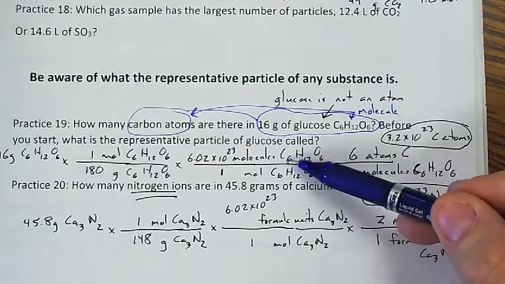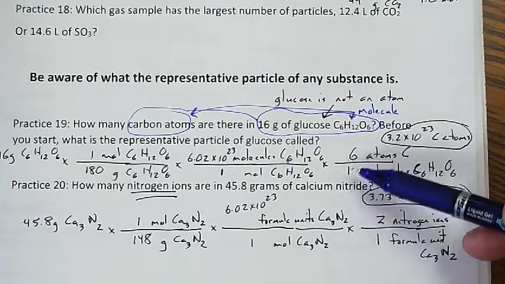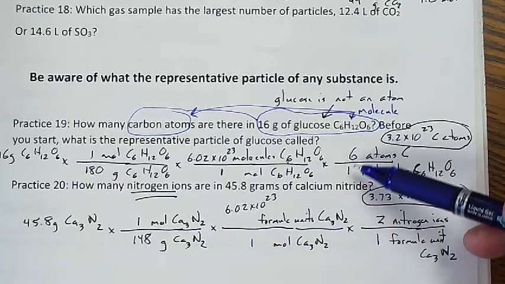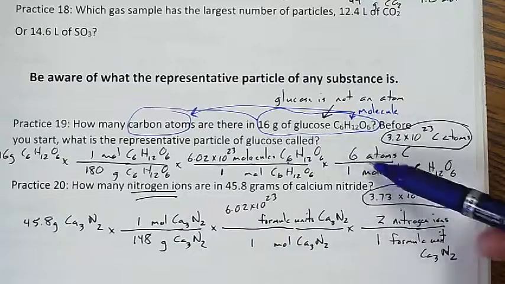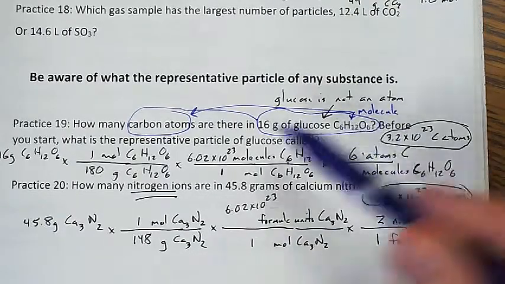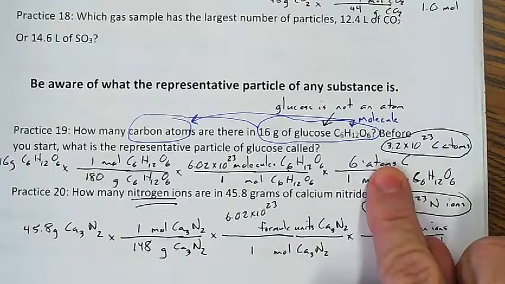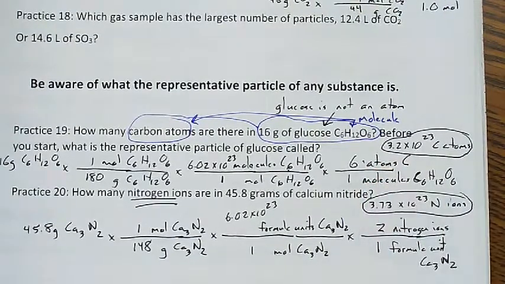And you can see, you can count them up, there's 6 of them. So you have to do one additional conversion factor. One molecule of C6H12O6, which is glucose, has 6 carbon atoms in it. So since there are 6 carbon atoms in each molecule, you convert to molecules and then multiply your final answer by 6.